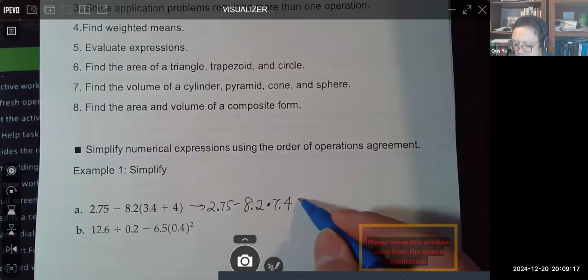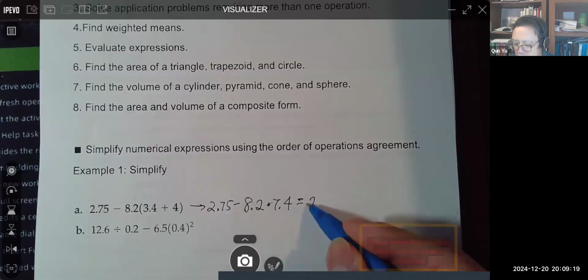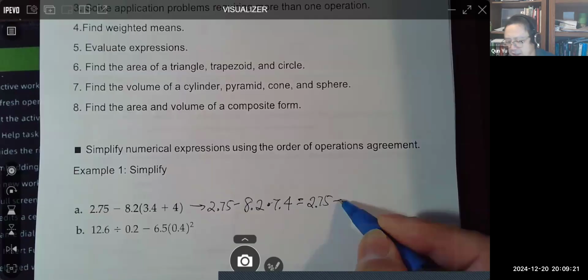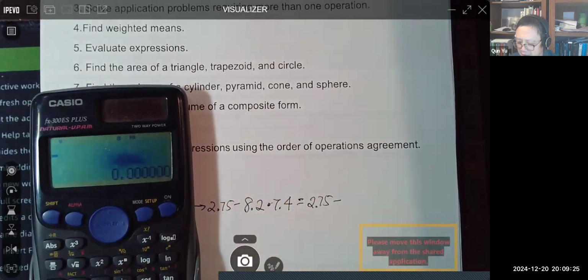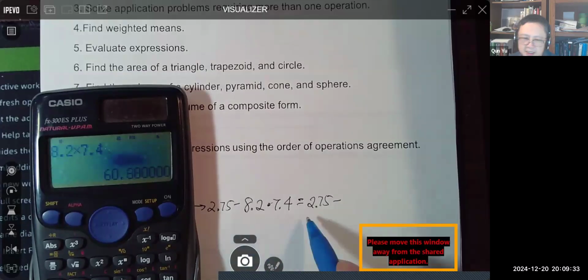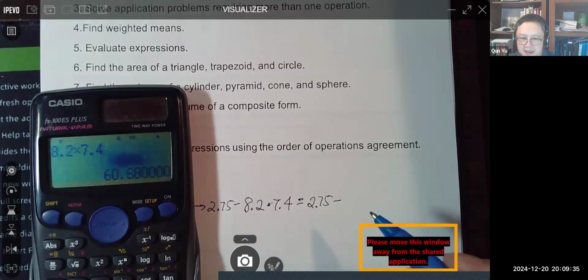So we do multiplication first. 8.2 times 7.4. Actually, we can do this whole thing in the calculator in one step, but our goal is to make sure people understand the order of operations. That's why we do it step by step.